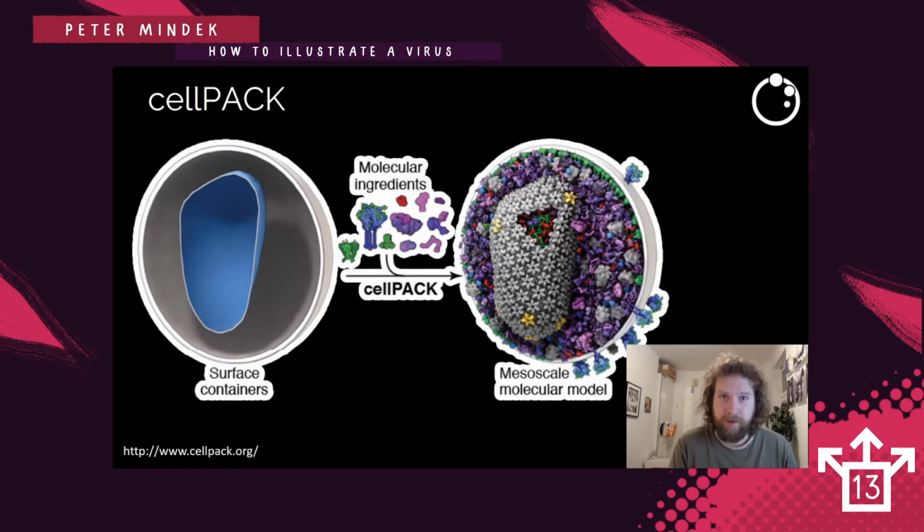So you can see in a microscope what this particle looks like, what the shapes of the compartments are. And from some other experiments, you can find out which kind of protein molecule should be inside. And so they used CellPack to create a model of this. And it was a large model, and it took several minutes to render. And so they asked us if we could come up with something that could render a little bit faster.